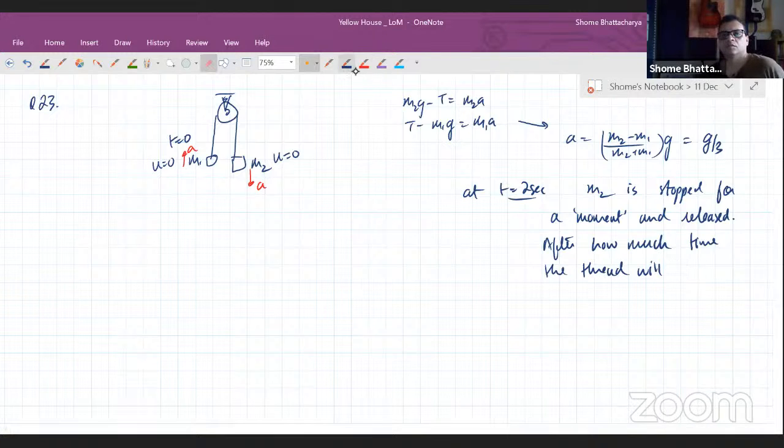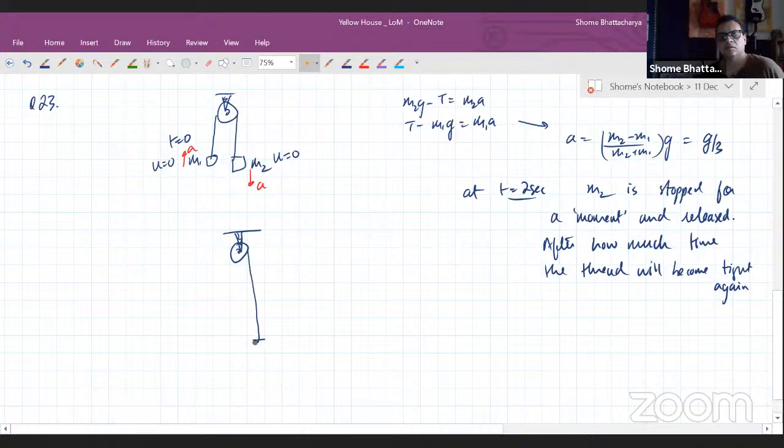Let's understand this. If you compare this time with a time 2 seconds later, this block would have come down a little, this block would have gone up a little. So at t equal to 2 seconds, just before you hold this one, this is having an upward velocity, this is having a downward velocity. The string is still having tension because you haven't stopped the other block.